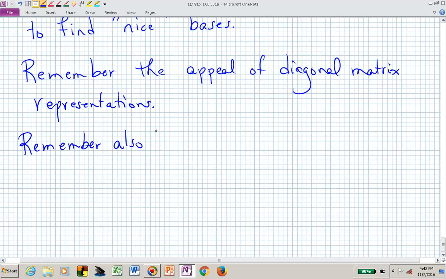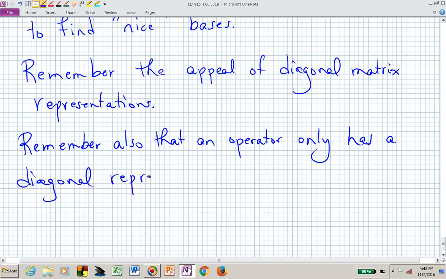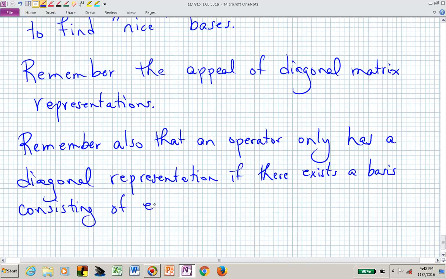Remember also that an operator only has a diagonal representation if there exists a basis consisting of eigenvectors of the operator.